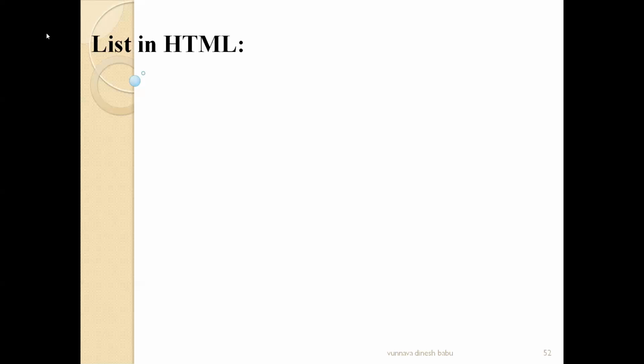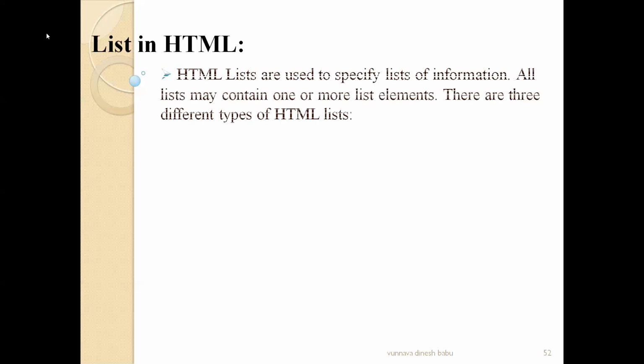In HTML, if we want to create a list, we need to use a tag called li, which specifies a list item. Before going to see the tags, let us see a few points regarding the list. The first point: HTML lists are used to specify lists of information. If there is some information and that information is represented by multiple points, those points are called a list.